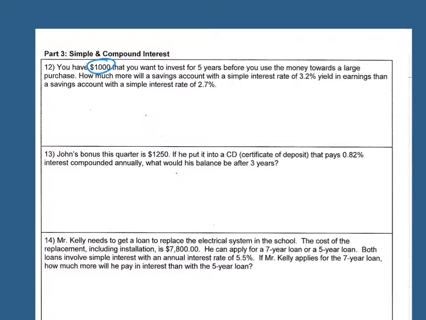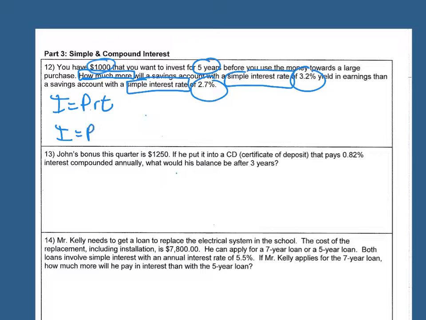Ooh, shopping. The ones that you want to invest for 5 years before you use the money towards a large purchase. How much more will a savings account with simple interest rate of 3.2% yield in earnings than a savings account with simple interest rate of 2.7%? Okay, since it said simple interest, I'm going to use that I equals PRT formula for both. I'm going to have to do this twice.